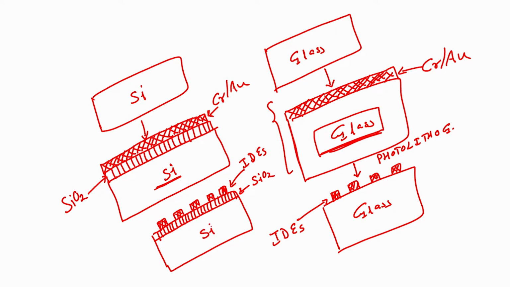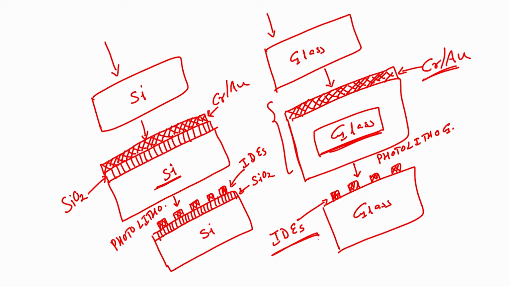You got it? Now, do not worry about how the photolithography is performed, that I will teach you. Just understand that if I want to use silicon as a substrate versus glass as a substrate, what is the difference? Glass being an insulating material, I can directly deposit a metal and perform photolithography to fabricate interdigitated electrodes.